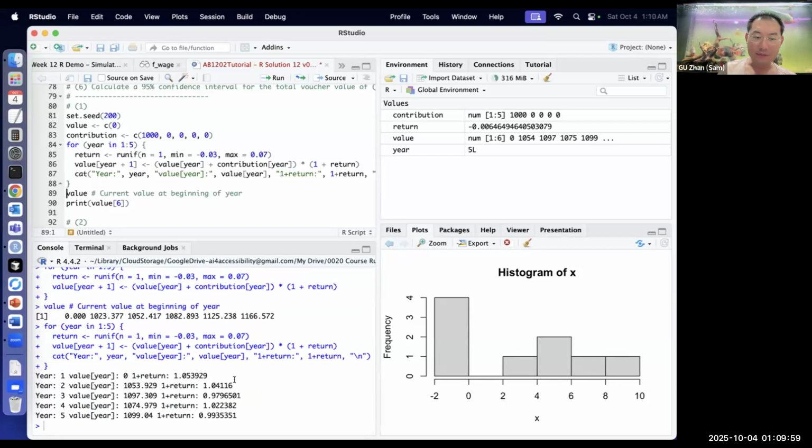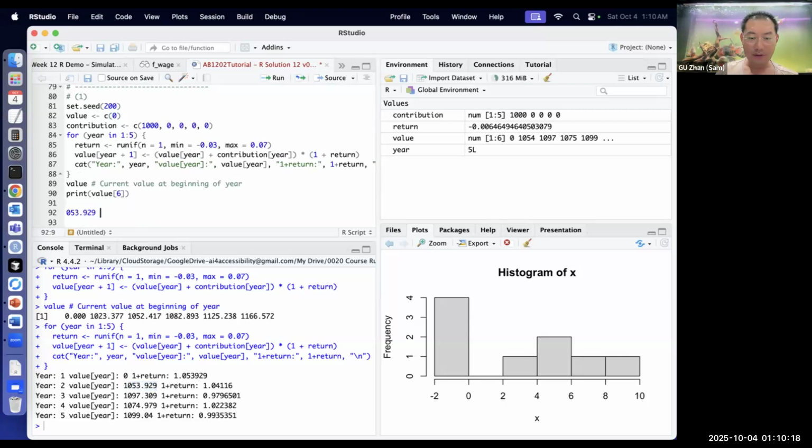Then at the beginning of year three, is this, right? So 1.053, this one, you want to verify it, times this one.